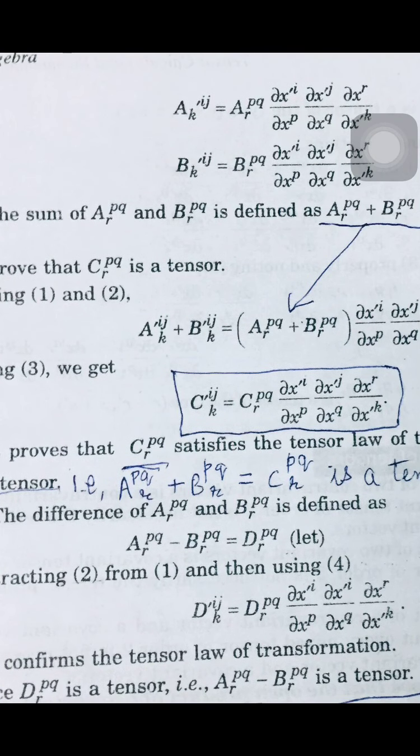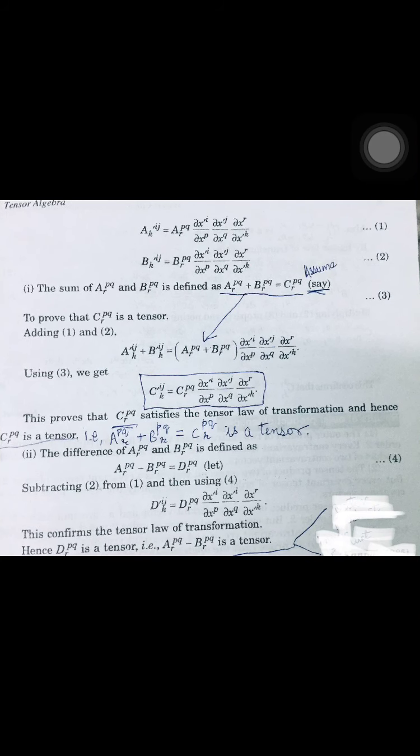Subtracting 2 from 1, we get this relation in the same way. So similarly we can see that the subtraction of two tensors of the same order and same rank gives again a tensor of the same order and same rank. So this is the property for addition and subtraction.